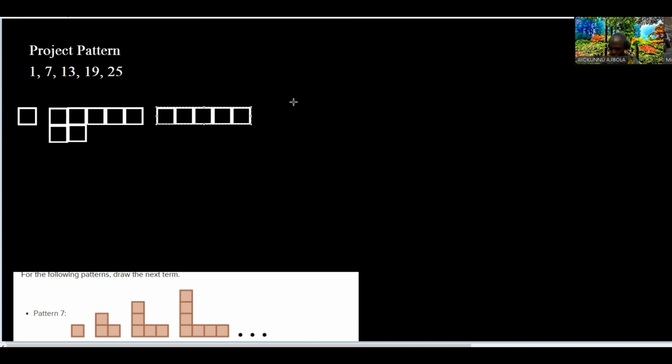That's a five. Here's another five. Making 10. Then we need three pieces, okay? So getting three pieces, going to drop it here. This is the third term.